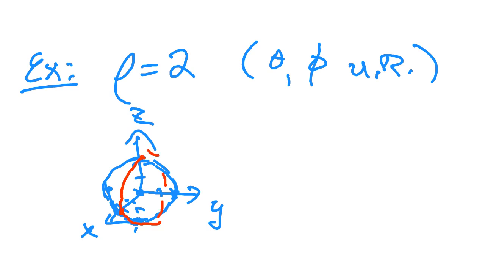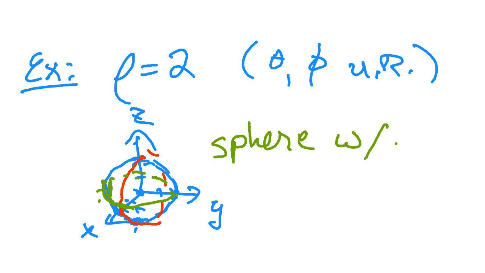And of course, if I let z be 0, then what do I have? I've got a circle coming out, back there. So what does that make? That ends up making a sphere with radius 2, centered on the origin, right? Sphere with radius 2, centered on the origin.